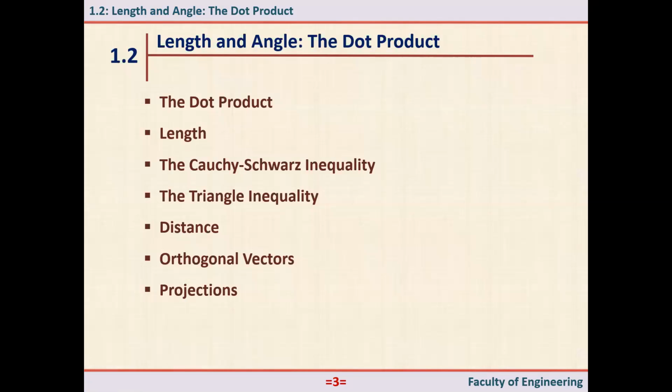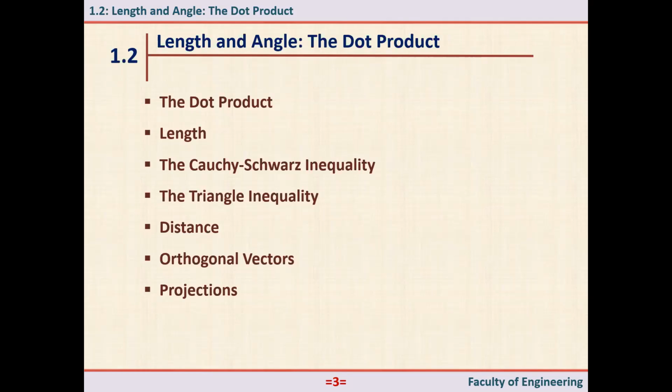So what we are going to do is review, or let's say study, the dot product, length, the Cauchy-Schwarz inequality, that we are going to use in a lot of proofs, the triangle inequality, and distance. Distance means how do you find the distance between two vectors, or two points. Then orthogonal vectors: you will see the condition when two vectors are orthogonal to each other.